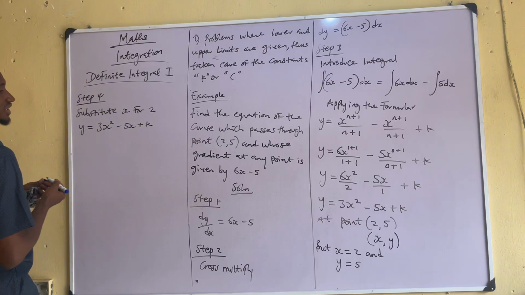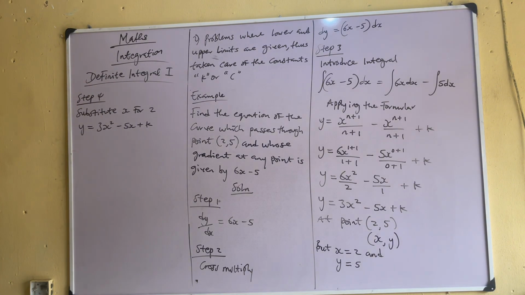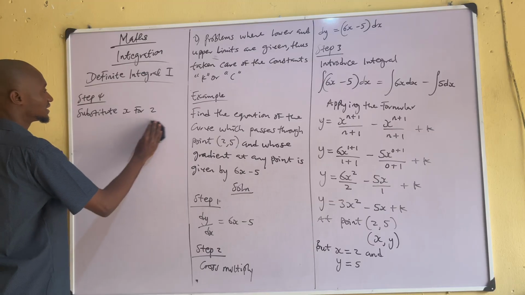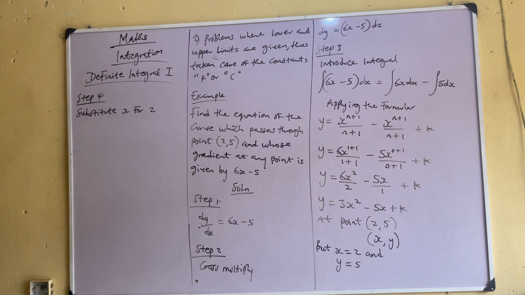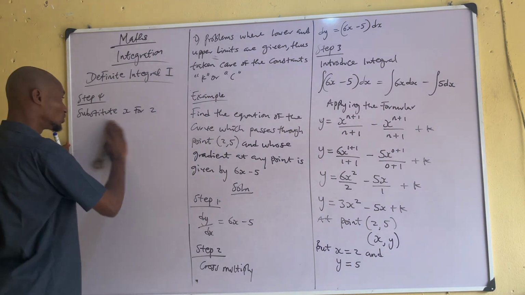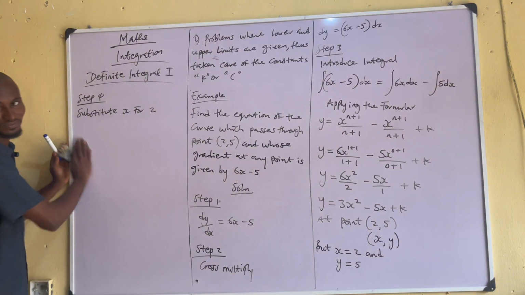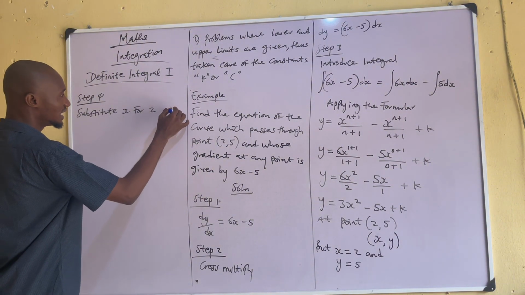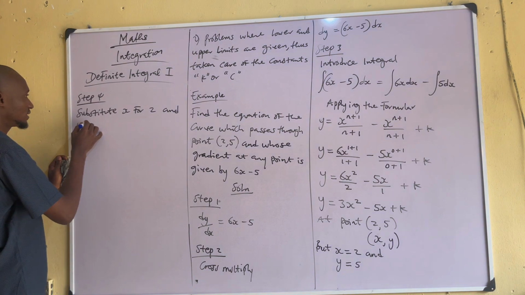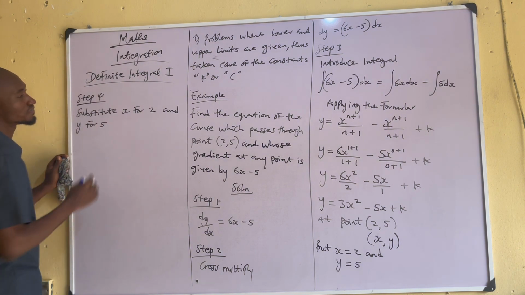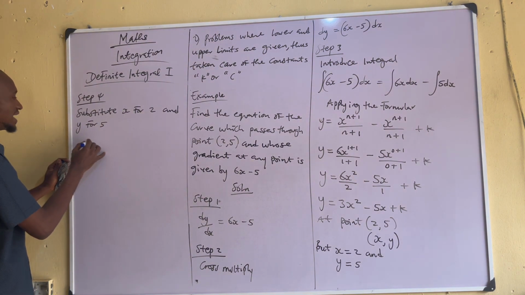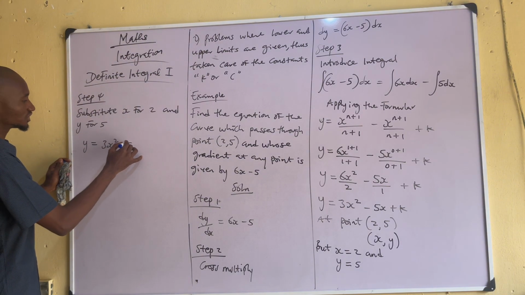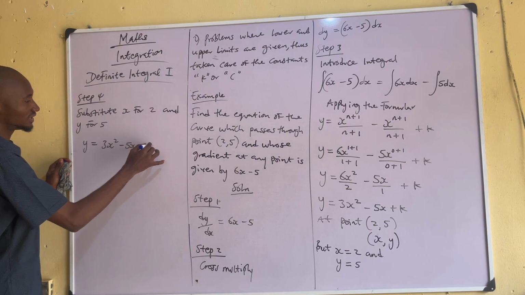Let me join the steps at the same time so that it will be easier. Step 4. Substitute x for 2 and y for 5. Are you there? Now we have y is equal to 3x squared minus 5x plus k.